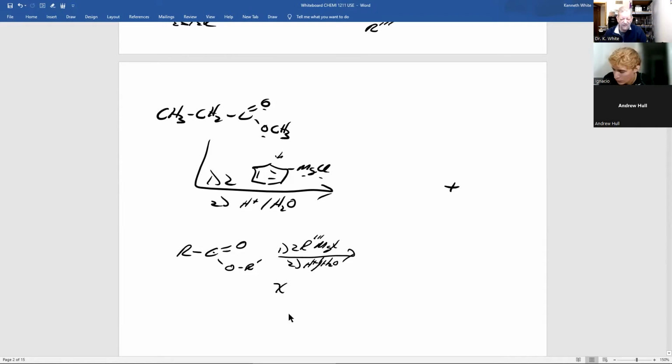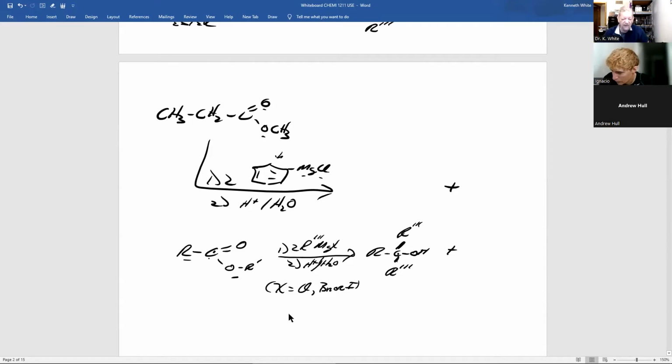And remember, X can be, in our case, it is chlorine, bromine, or iodine. And the two products you get are two alcohols. The first one, the R to this carbonyl carbon still attached, will become an alcohol, and you make from the two Grignards carbon-carbon single bonds, something very special, very rare.